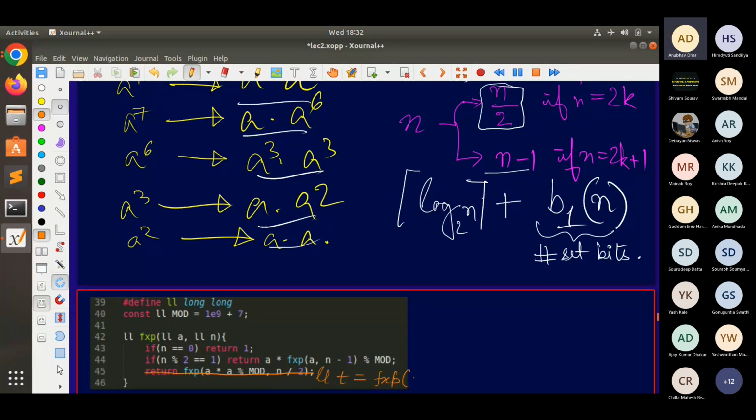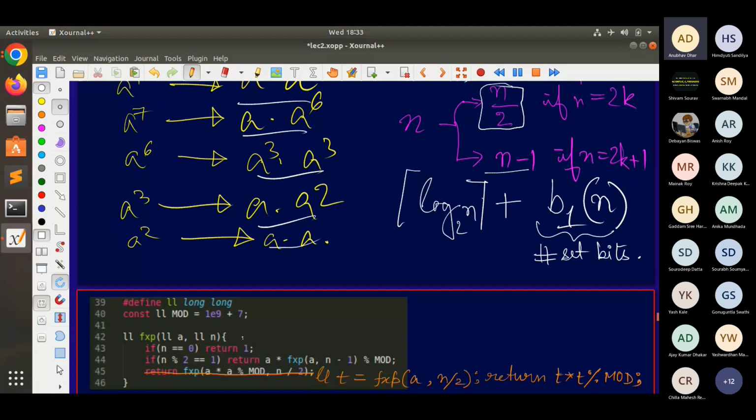Okay, I'll just write it out first and then tell you what's going on. Return t into t.